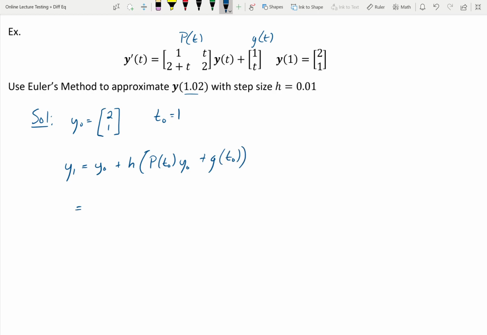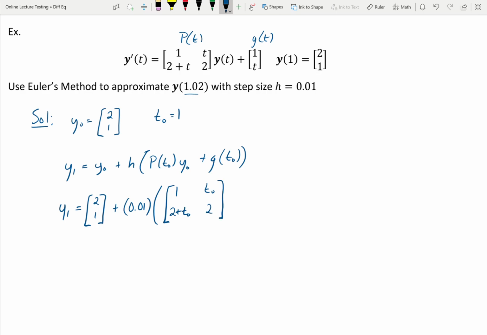So how this looks? Well, y1 is then equal to y sub 0, which we said is the vector 2, 1, plus 0.01 times our P of t sub 0, so I'm going to write this one out. This is 1, t sub 0, 2 plus t sub 0, 2.